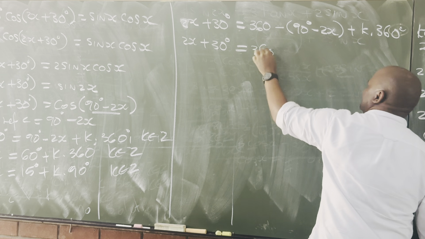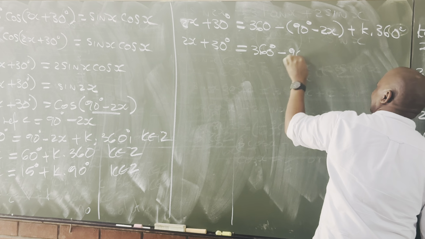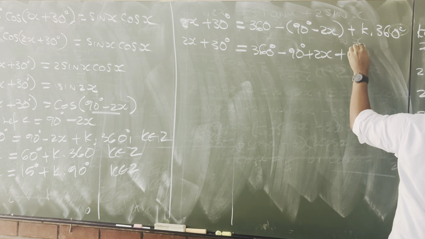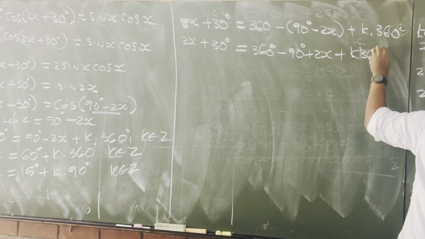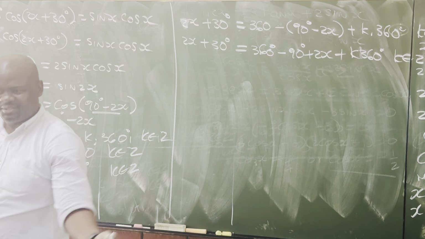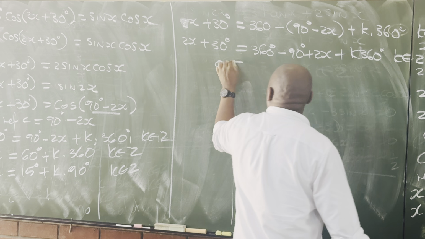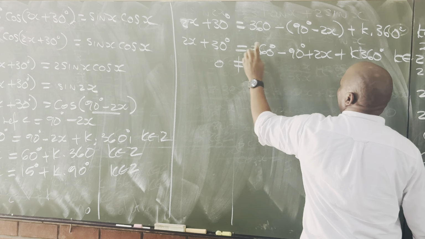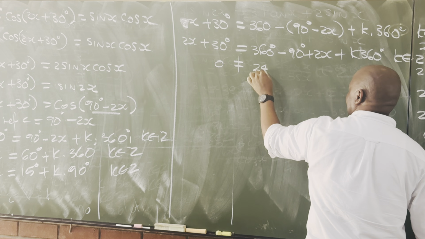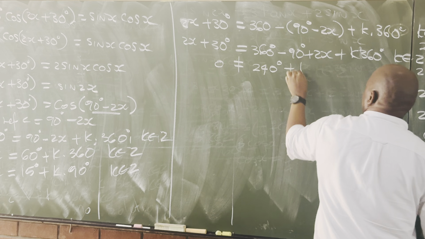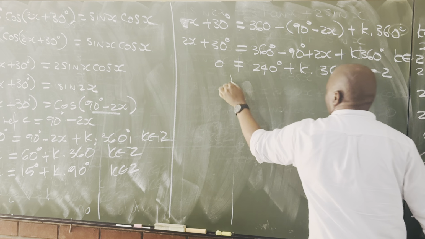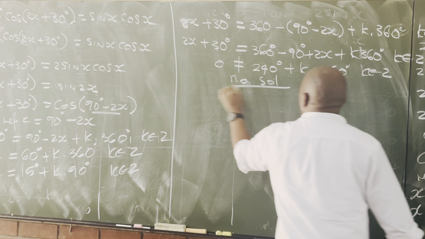So this is 360 minus 90 degrees plus 2x plus k times 360, where k is an element of integers. And then what will happen to x? It will cancel out. Then we know that 0 can never be equals to 360 minus 90, we are getting 240 plus k times 360, where k is an element of integers. Then you say no solution for this one.